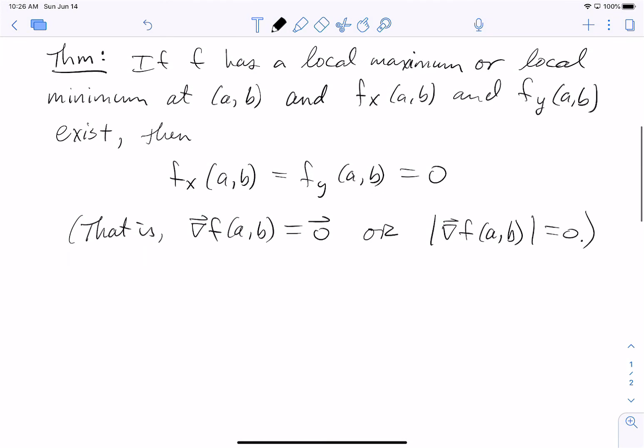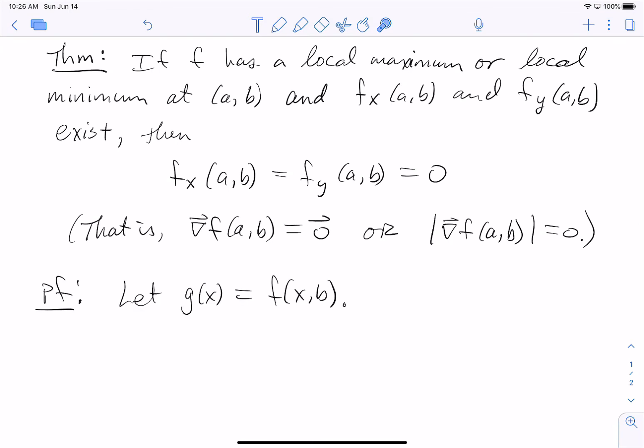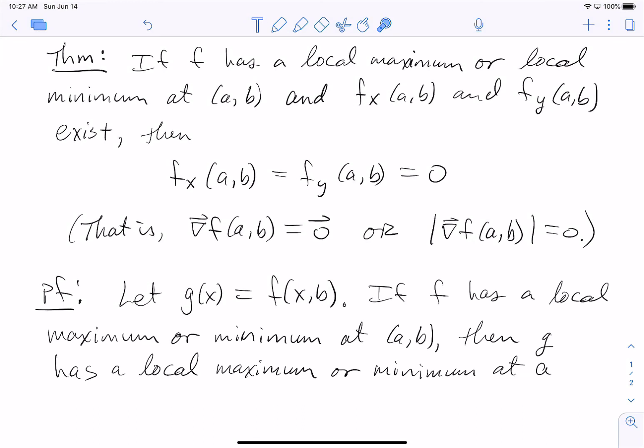In order to see why this should be, we're going to go through a proof. We define a function g of x, which is f of (x, b). So we're going to hold the y value constant at b and turn it into a function only of one variable. If it happens that f has a local maximum or minimum at (a, b), then it'll follow that g has a local maximum or minimum at a.